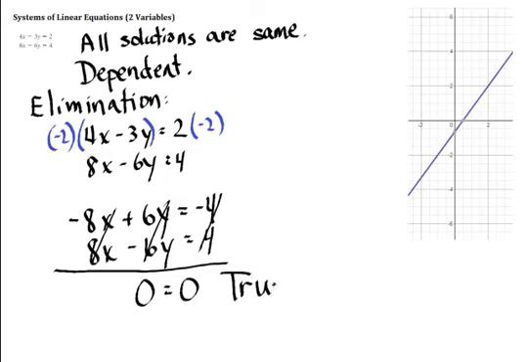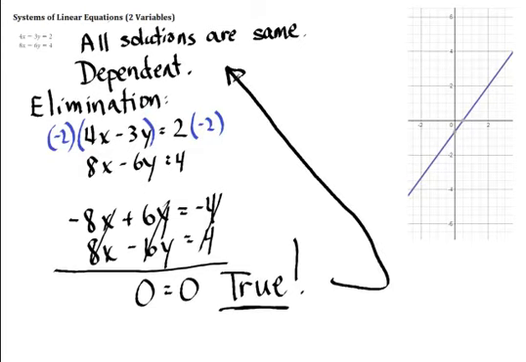Hey, this is true. It's always true. It doesn't matter what my x's and y's are. It's always true because they are the same line, and I have a dependent set of equations, and all the solutions are the same.